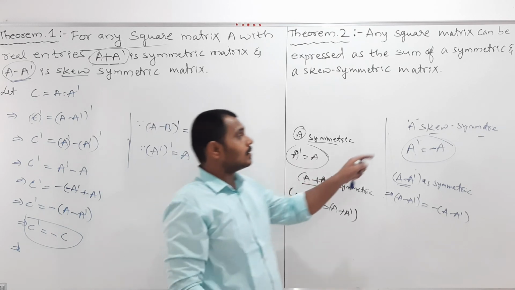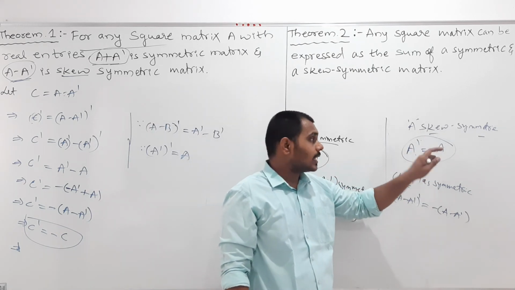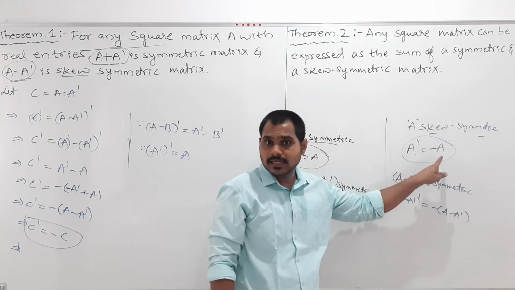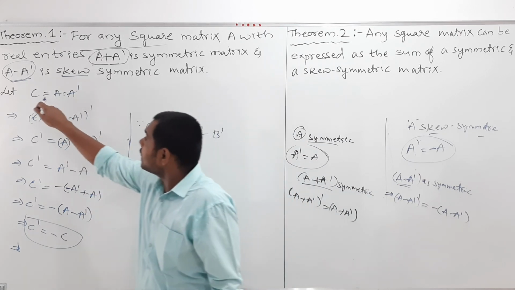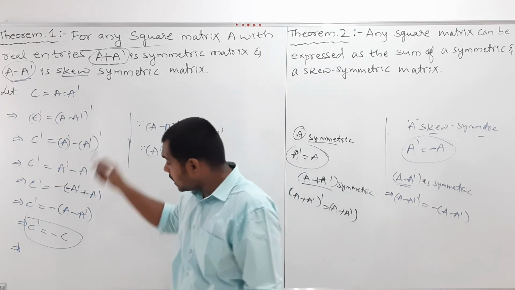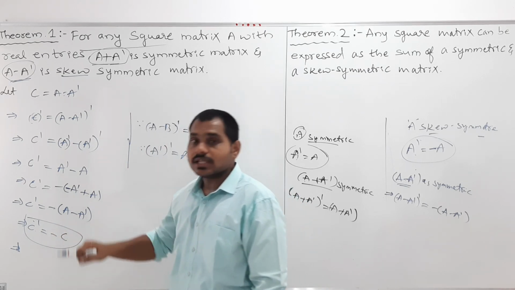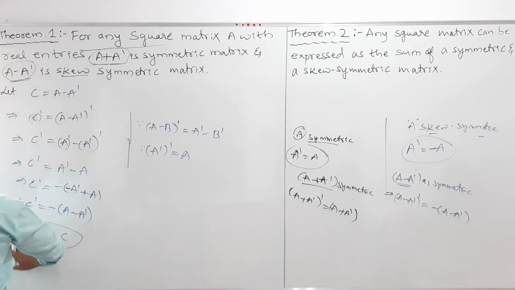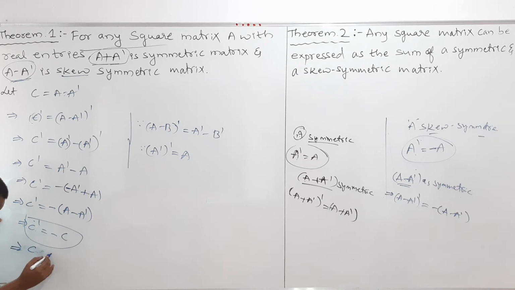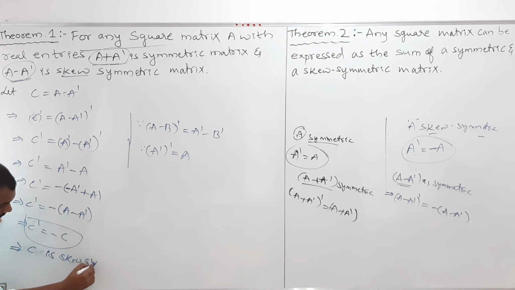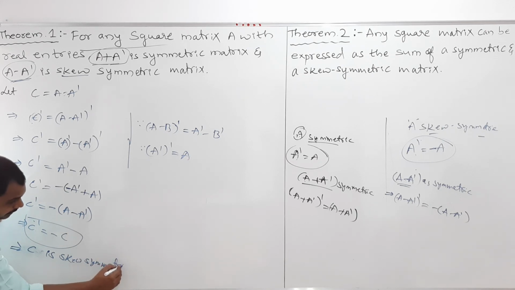We know that a matrix A is said to be skew symmetric if A transpose is equal to minus A. Similarly, a matrix C is said to be skew symmetric if C transpose is equal to minus C. Since this condition is satisfied, this implies C is a skew symmetric matrix.